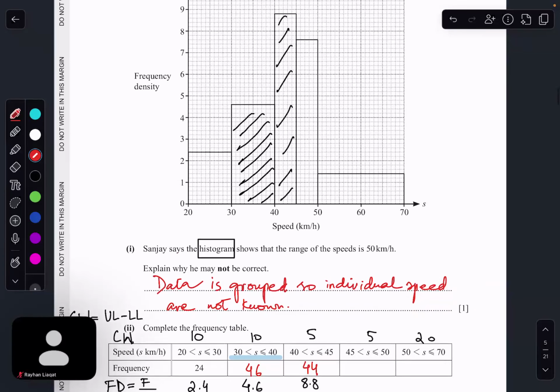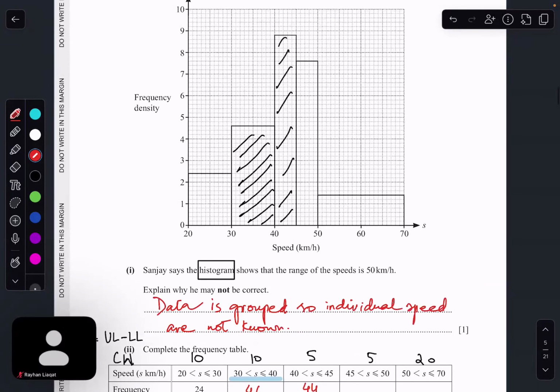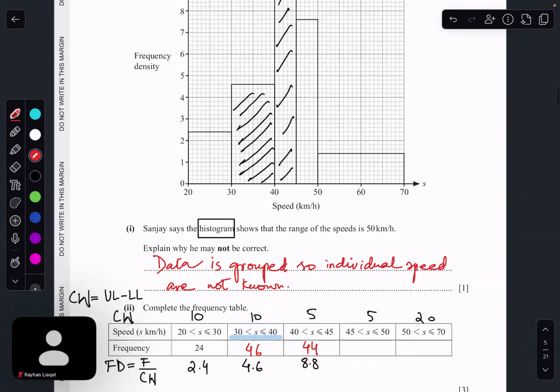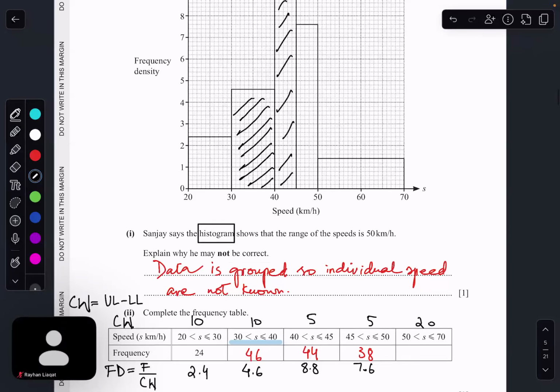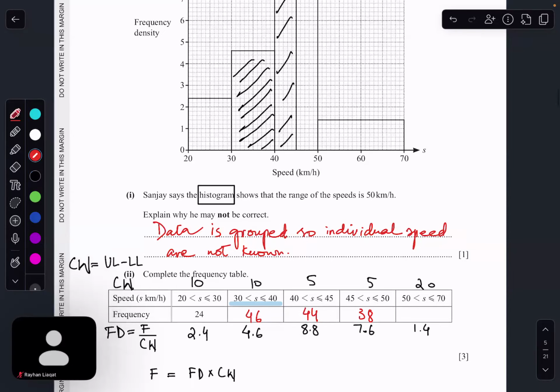Then 40 to 45 is covered, 45 to 50. So for 45 to 50, we have 7.6, the frequency density. I figured it out using the bar height. And 7.6 times 5, that will be 38. Next one, frequency density for the last one, 1.4. So again, 1.4 times 20, we have 28.